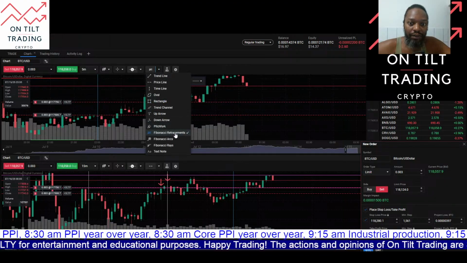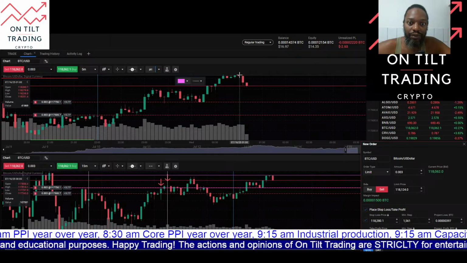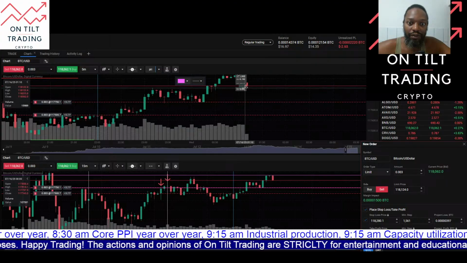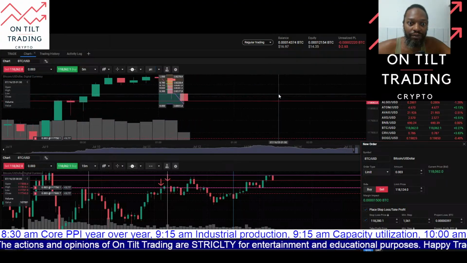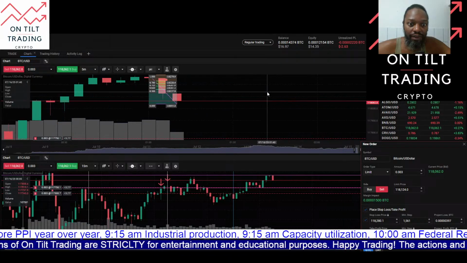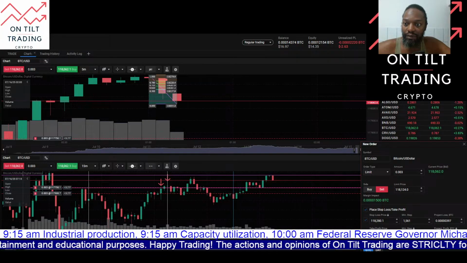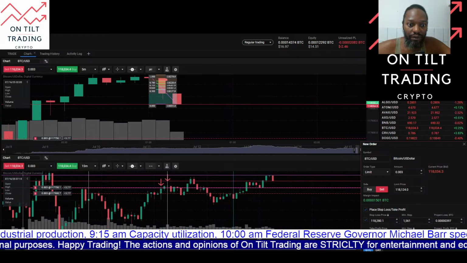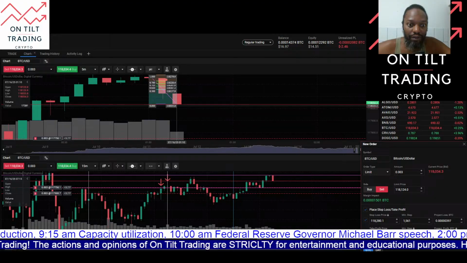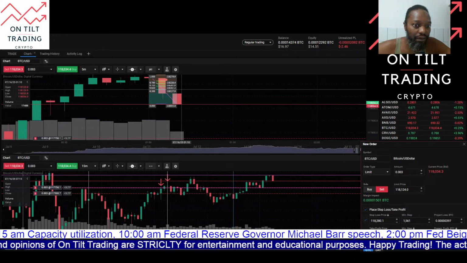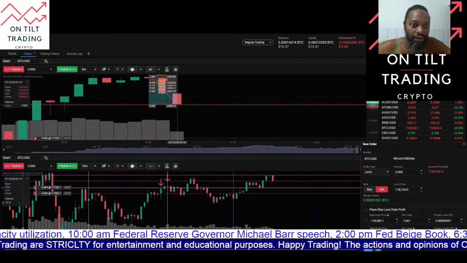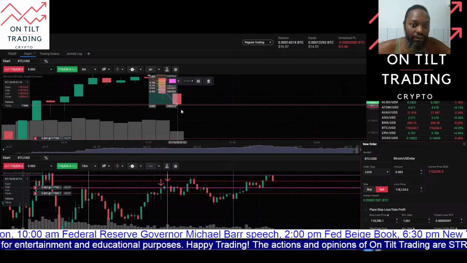Just for speed and ease here, I'm just going to use the Fibonacci retracement tool just to give me the numbers that I need. Or maybe not. There's a new low.